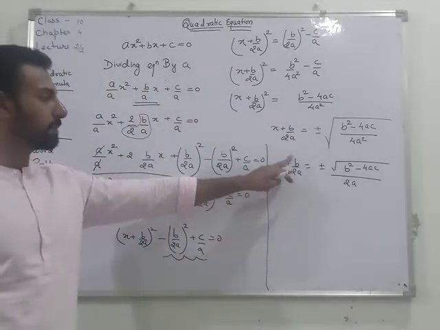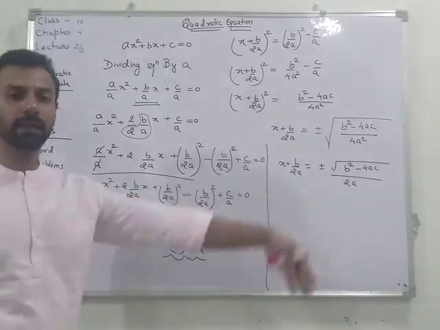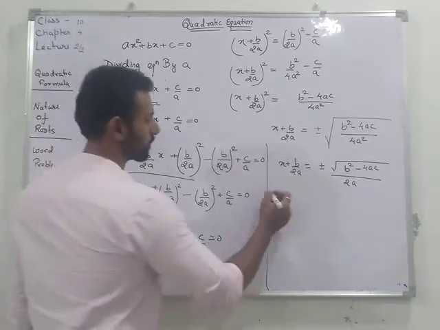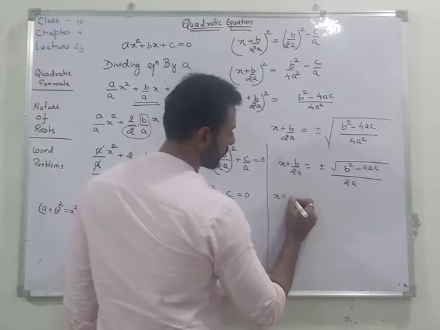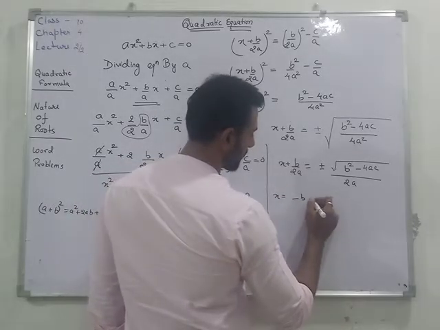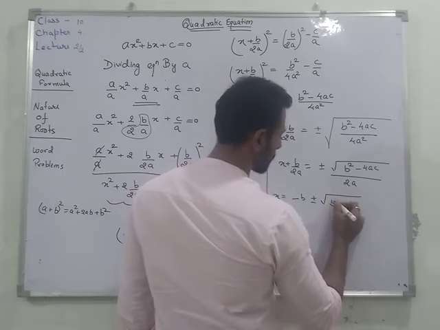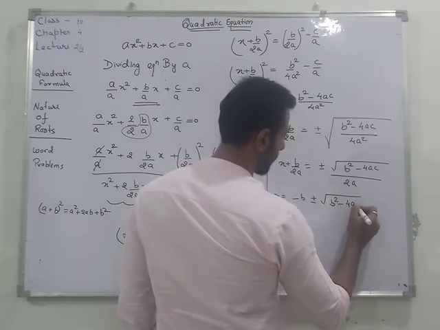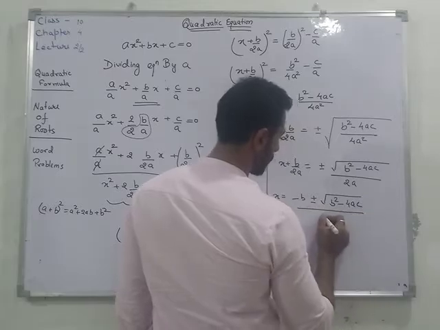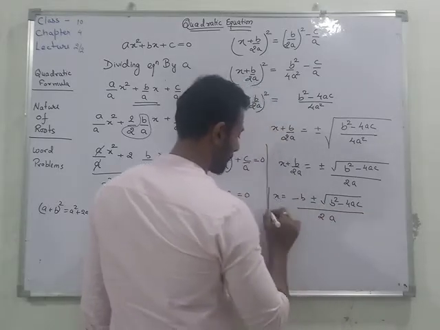Now taking this b upon twice of a to the right hand side, x is equal to minus b plus minus under root of b square minus 4ac upon twice of a.